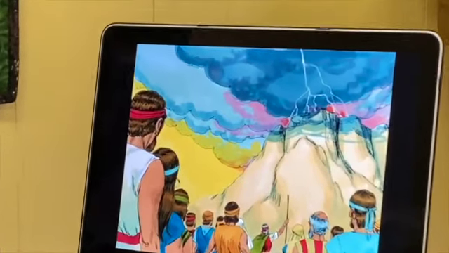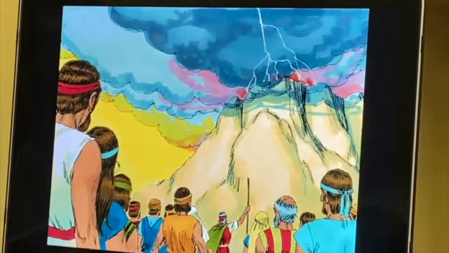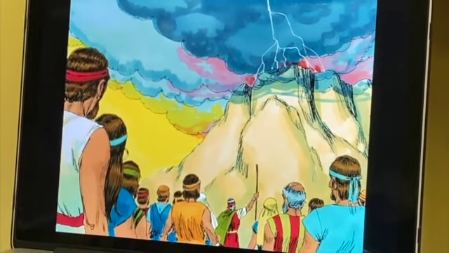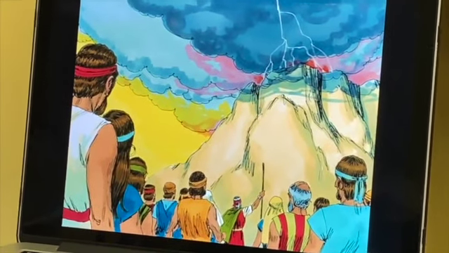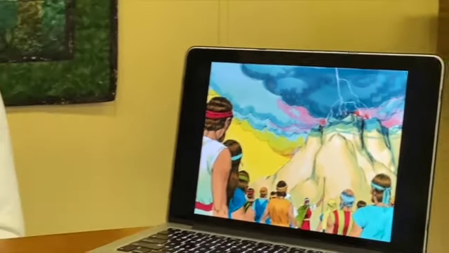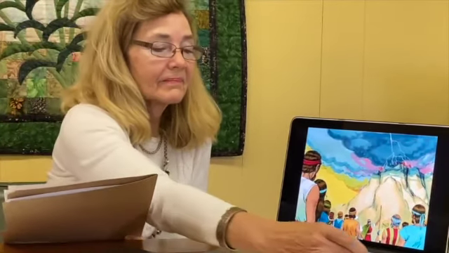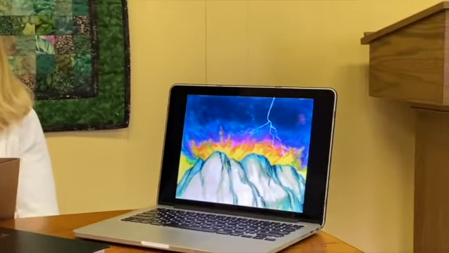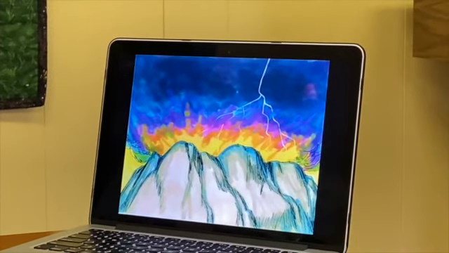On the morning of the third day, the people were assembled before the mountain, dressed in their newly cleaned clothes. And as they gazed at the mountain, they saw God's power demonstrated again. A thick cloud was on the mountain.